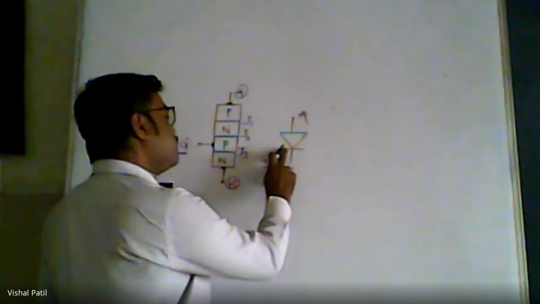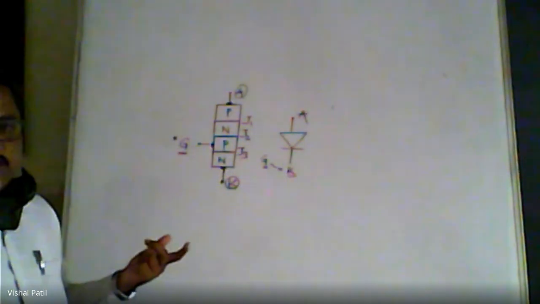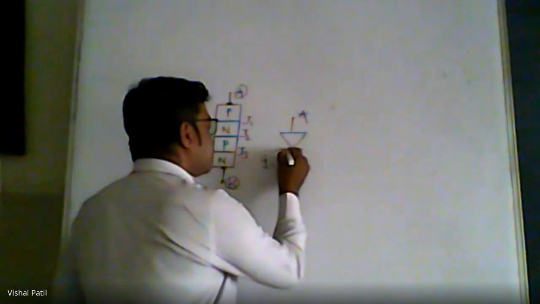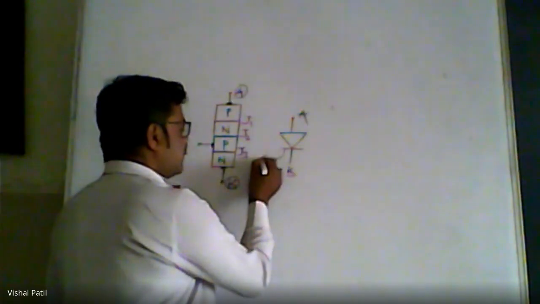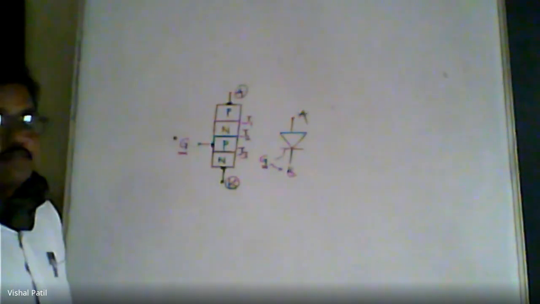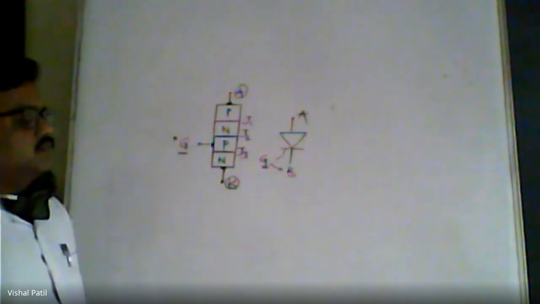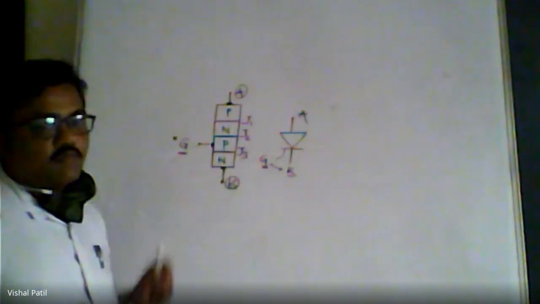If you remove the gate terminal from here, it will look like a power diode. But since it is provided with an extra terminal, that is the gate, we need to show the gate here. So this is how we should understand the structure of thyristor and its symbol.